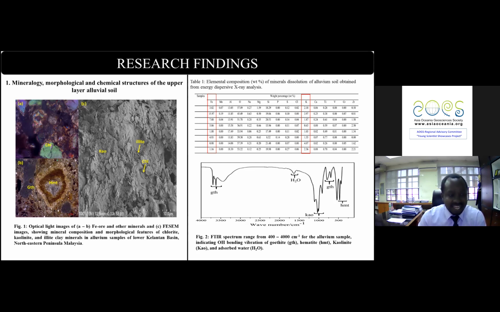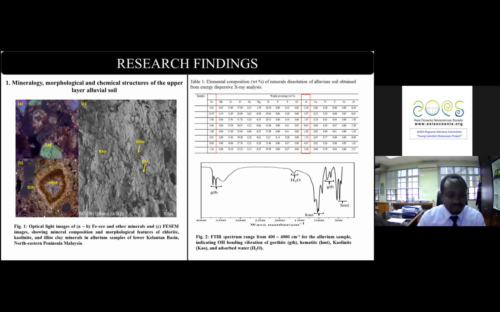And the thin layer of chlorite in these samples are distinguished from kaolinite, which are colorless and white to pale yellow birefringence, while illite are bright birefringence. Most of the chlorite in these samples are light to dark green color. Both hematite and goethite are slightly elongated spindle habit.